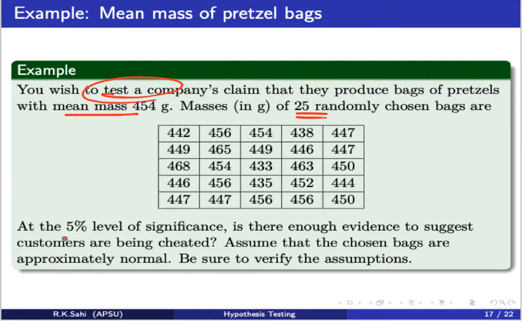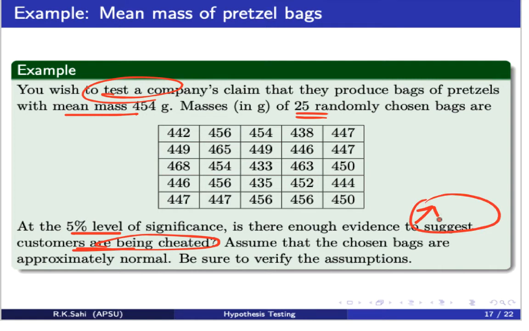We would like to know at 5% level of significance, is there enough evidence to suggest that the customers are being cheated? What does this basically mean? That if they are being cheated, that means the mean mass is less than 454 grams.